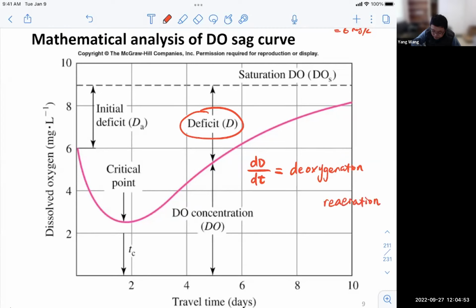Assuming that both of these terms are positive, what is going to be the sign in front of these two terms? Are they going to be positive or negative? First, let's look at the deoxygenation. Is it going to be positive or negative?